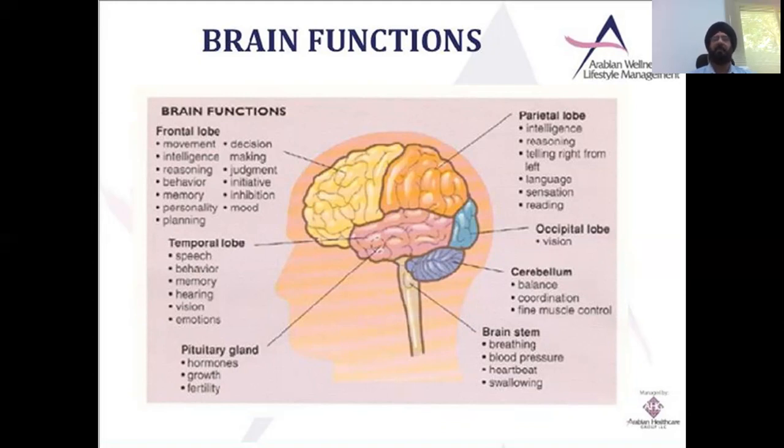The occipital lobe is associated with visual processing, memories, etc. The temporal lobe is associated with perception and recognition of auditory stimuli, memory, and speech.